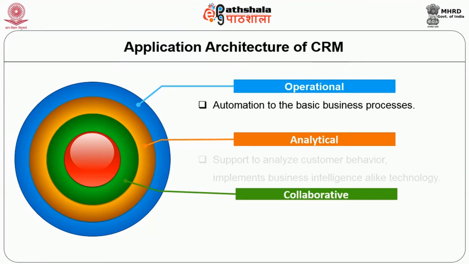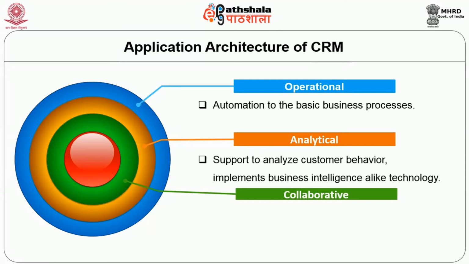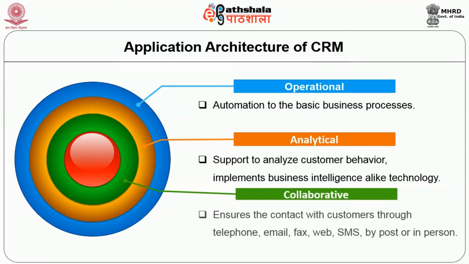Number 2, the analytical one supports analyzing customer behavior and implements business intelligence technology. And number 3, the collaborative one ensures contact with the customer through different modes of communication such as telephone, email, fax, web, SMS, by post or in person.